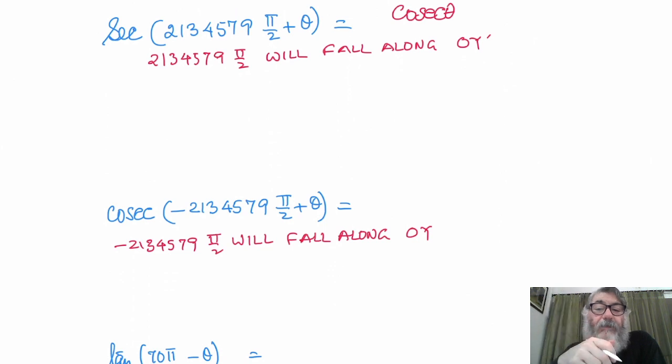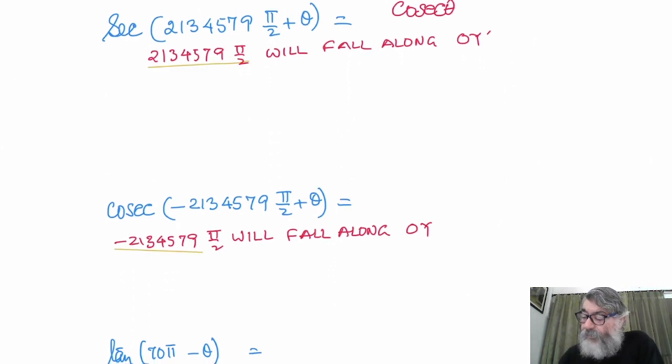If 3 is the remainder, then it will fall along line 2, OY. And plus theta, so it will go into the second quadrant. In the second quadrant, sine and cosec are positive. So cosec will change into sec theta, and it will be plus sec theta. Minus 213579 will change into sec theta.